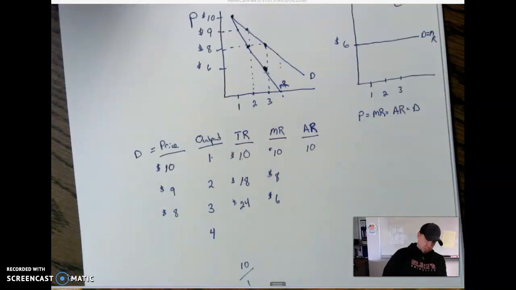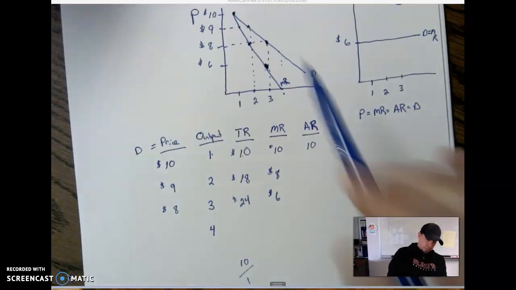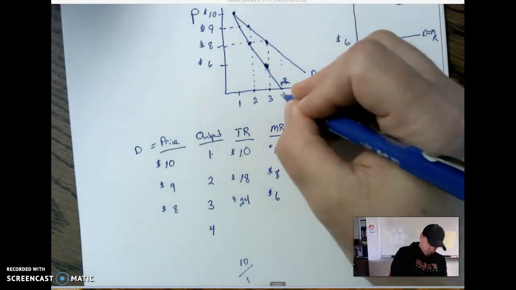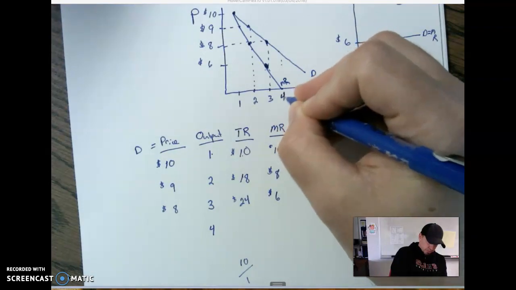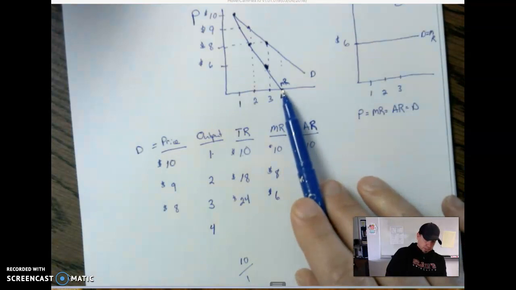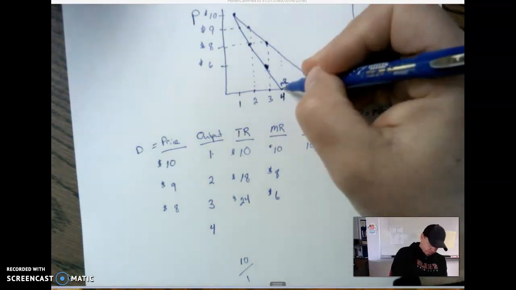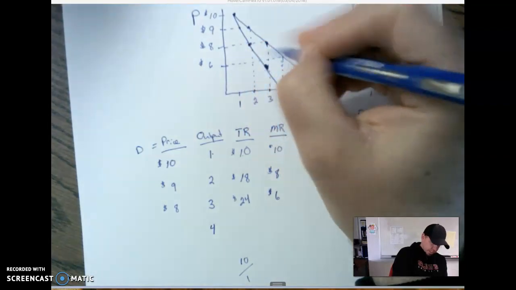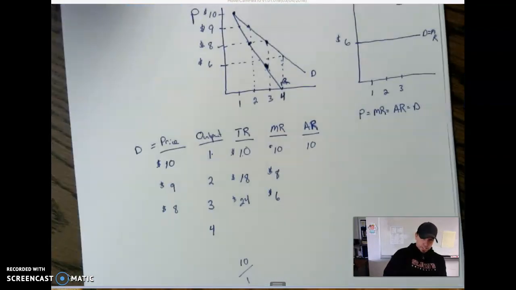All right, the last thing I wanted to show in this video is what happens when our marginal revenue hits 0. So if we come down here and look at this 4th unit, where marginal revenue hits 0, if we go up and hit the demand curve, we hit this price of 6.